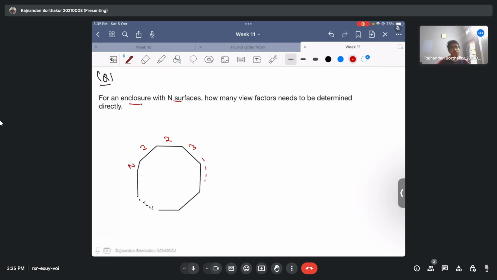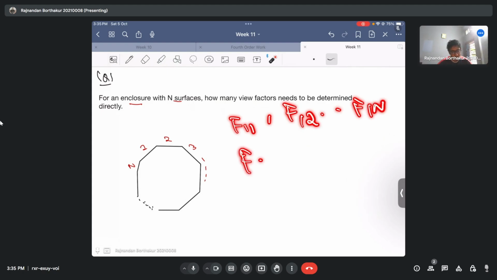Now I have these n surfaces, and you can always assign a view factor corresponding to them. For instance, for surface 1, I can have f11, f12, and f1n. Similarly, for surface 2, I can have f21 up to f2n, and so on up to the nth surface, fnn.